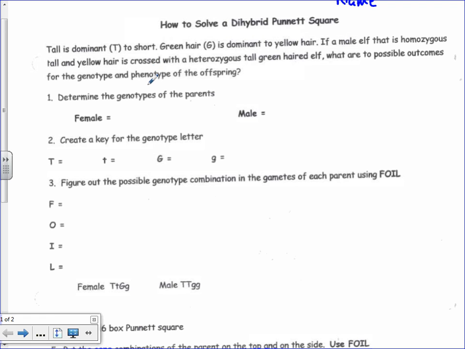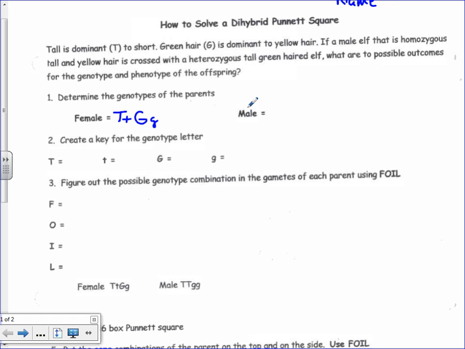Okay, so the first thing we're going to do is determine the genotypes of the parents. For the female, it said that she is heterozygous tall, and we're going to assume this means that she's heterozygous for tall and green. So we're going to give her genotype as heterozygous tall and heterozygous green.